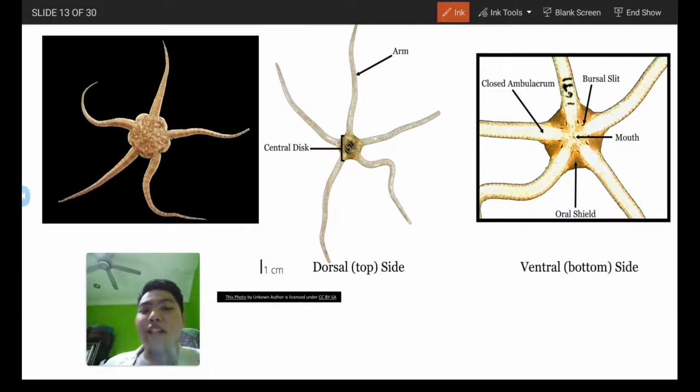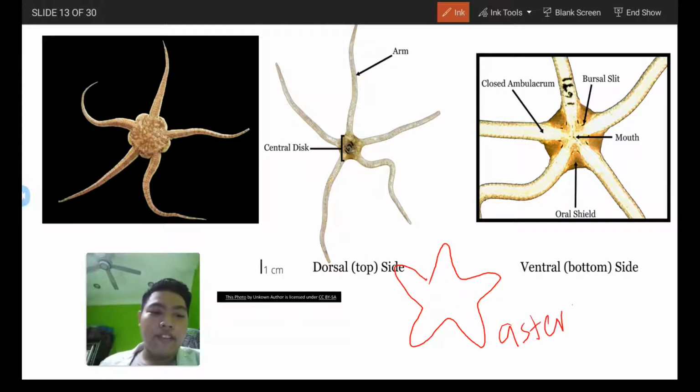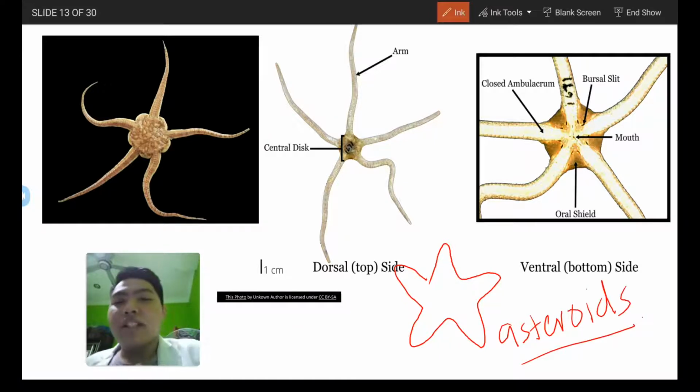Yes, that's why the Ophiurids are commonly confused with the asteroids. This is a starfish, while this is the brittle star.